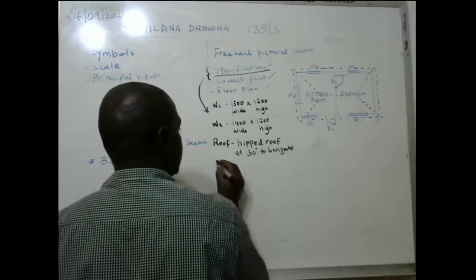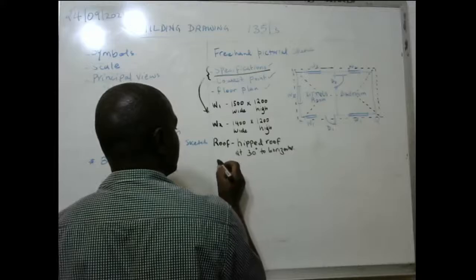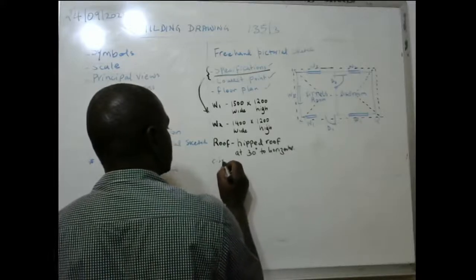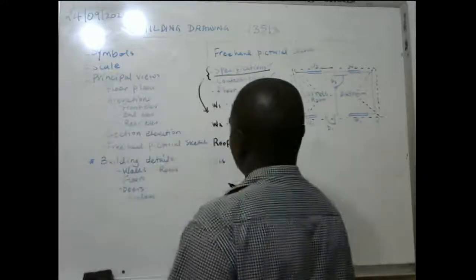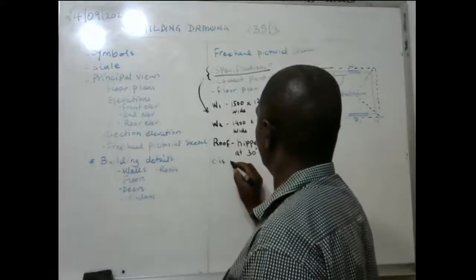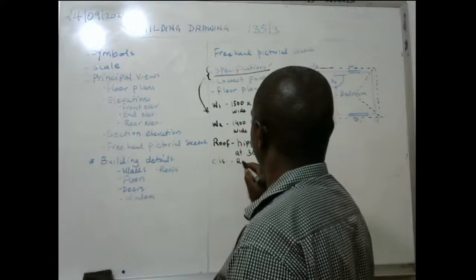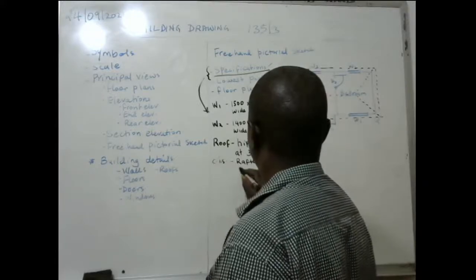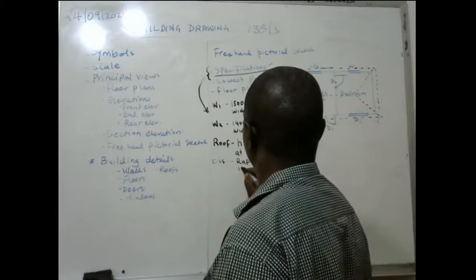Then some other members of the roof could be given, such as corrugated iron sheets, and rafters, maybe 100 by 50.